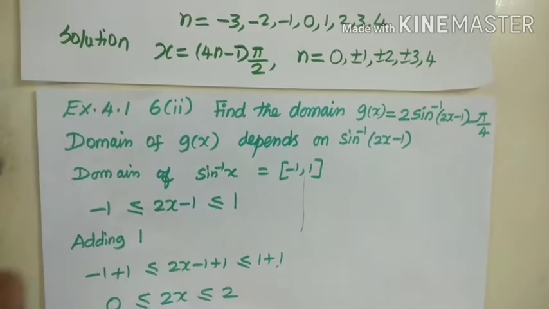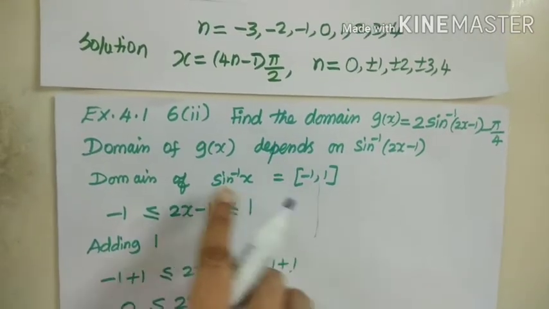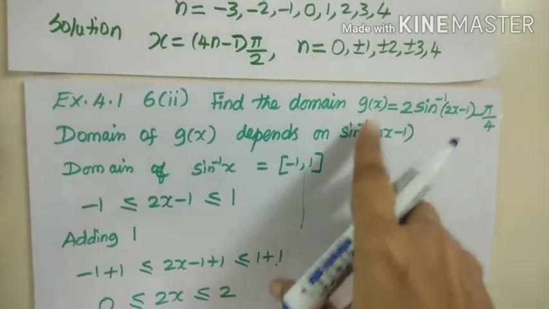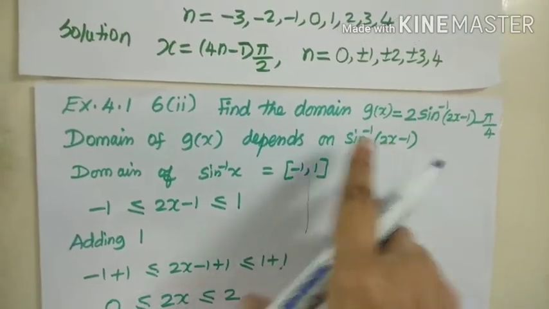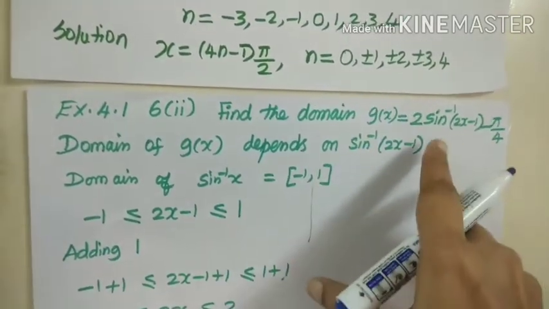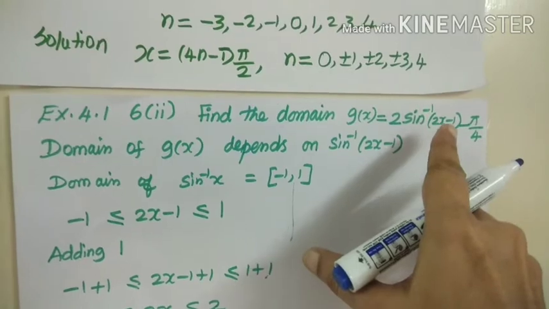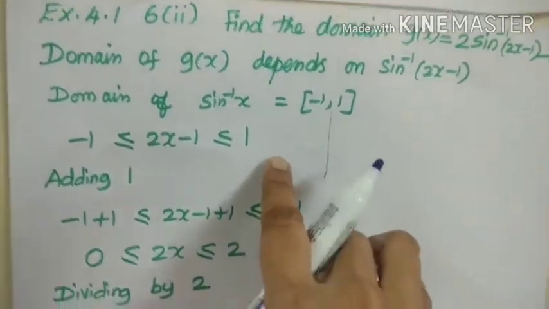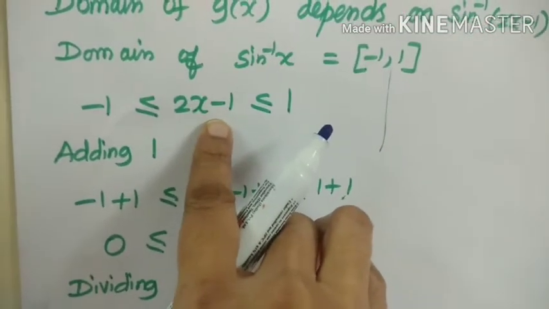We have learnt in the graph of sine inverse x, the domain is only minus 1 to plus 1. So this number should fall only between minus 1 to plus 1.